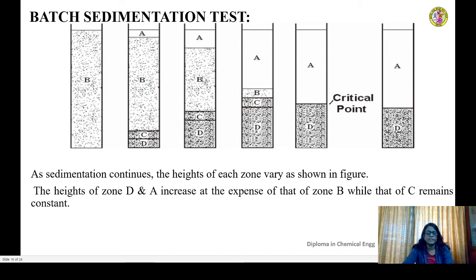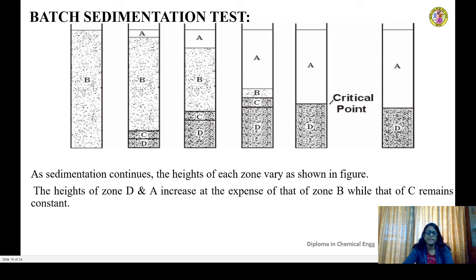You can see the third figure here. If you compare this third figure with the second one, you might observe that zone A has increased in height and zone D has also increased in height, while zone C remains at a constant height, not changed much between figures B and C. Zone D and A have increased, and at the same time zone B has reduced in height.